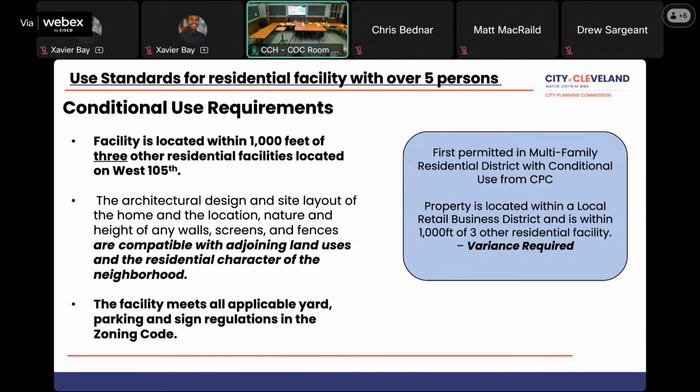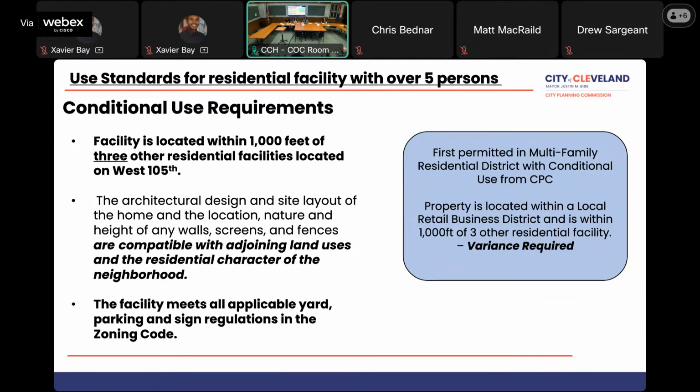Is this the same reason why we're seeing it? We're seeing it because they're proposing over 5 persons. Whenever they're proposing 6 or more people, they need a conditional use from the city planning commission. And if they're located in a multifamily district, they'd also need it. But you're seeing it today because they're requesting over 5 people.